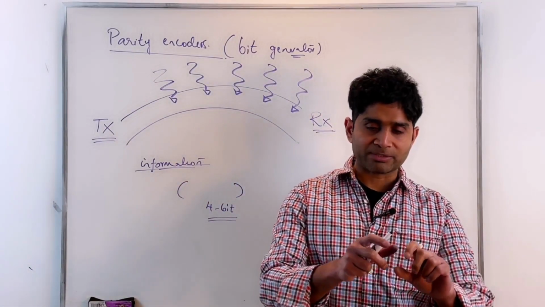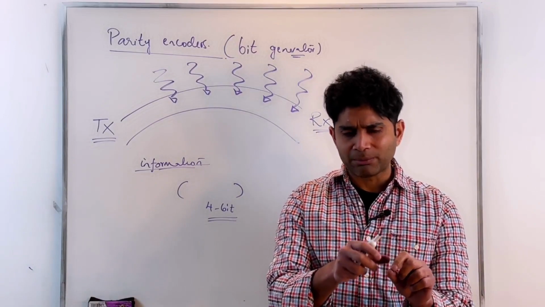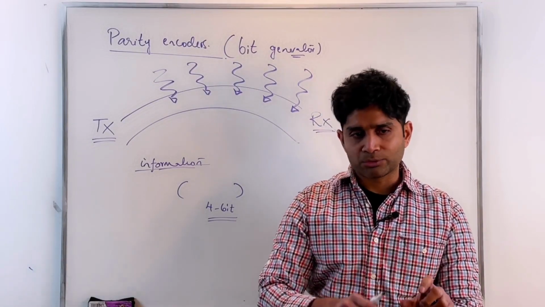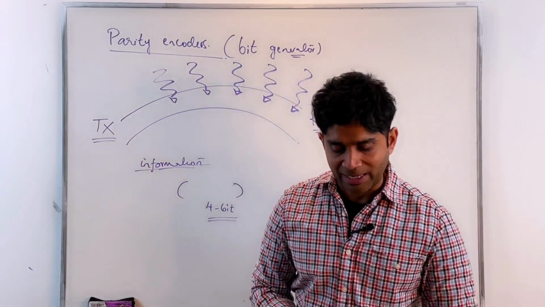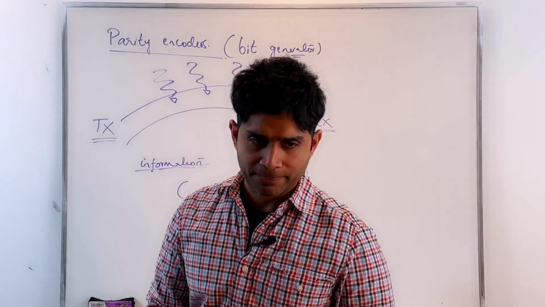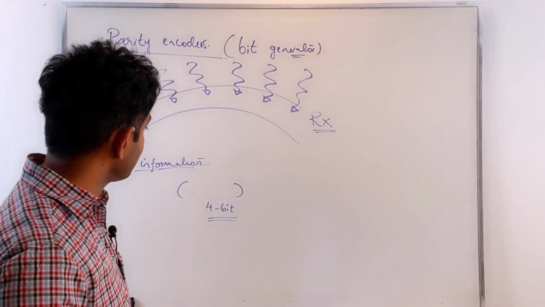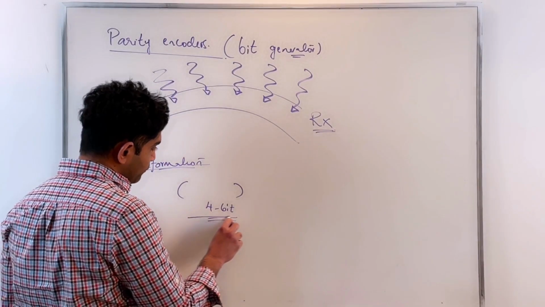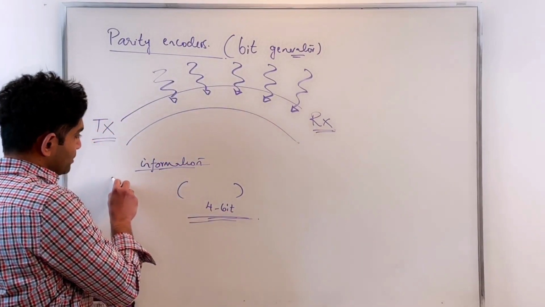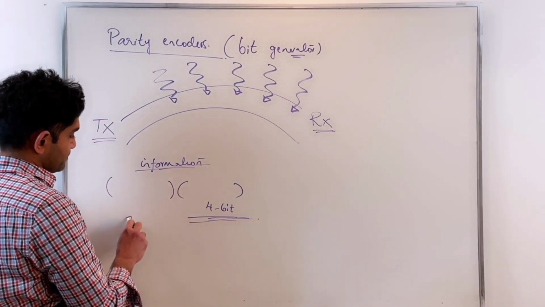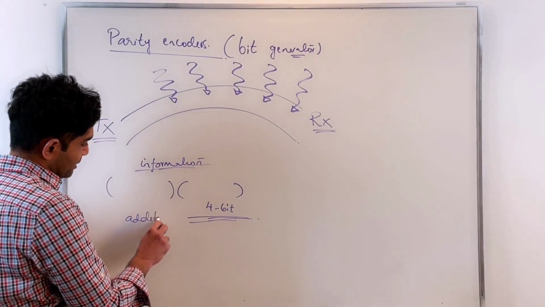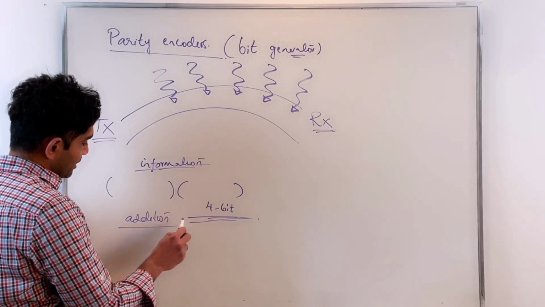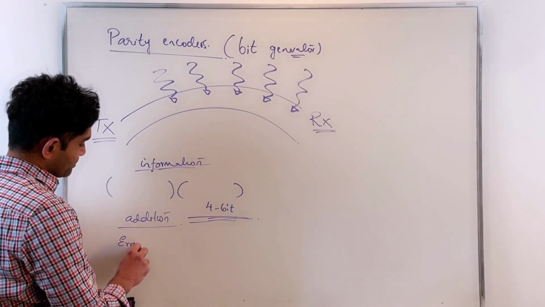Let's say some bits have changed because of noise. I should be able to locate the error and correct it so that I get the intended information from the transmitter. So oftentimes, along with these 4 bits, I would transmit some additional bits, whose sole purpose is to function as error detection and correction bits.